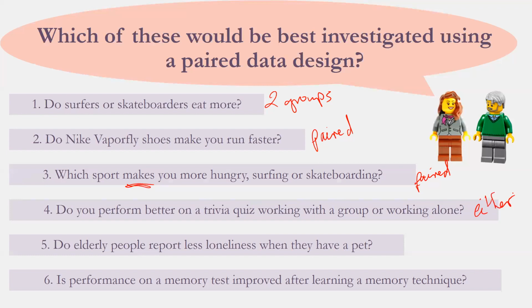Number five, do elderly people report less loneliness when they have a pet? So to do this paired, you'd have to have an elderly person with a pet, and have them without a pet. And that's going to be quite challenging, because if you put them with the pet first and then take the pet away, maybe they'll be more lonely when you take it away because they miss the pet that they had the previous week or whatever.